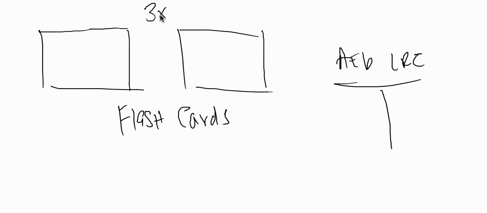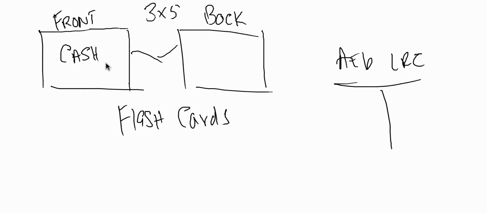Your 3x5 cards that you can get like a whole bunch of them, 99-cent store or something. And on the front, all right, on the front of the card, this is one card, by the way. This is one card, front and back. On the front you put the name of the account, say cash.